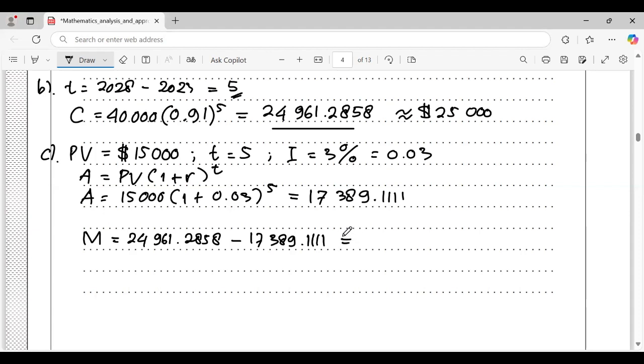If you calculate, the result is 7,572.1747, or you may round off to 7,572 or 7,570. Of course, the unit is US dollars.